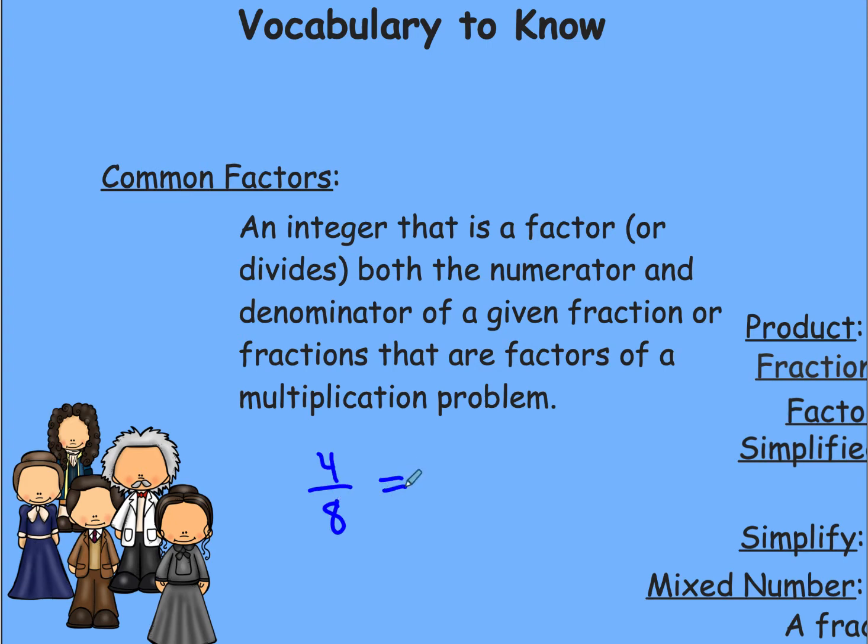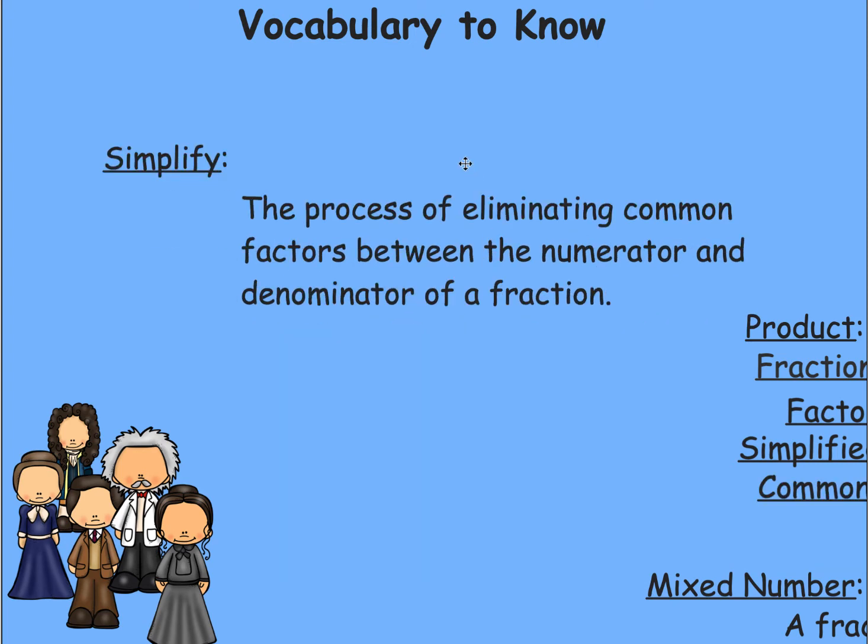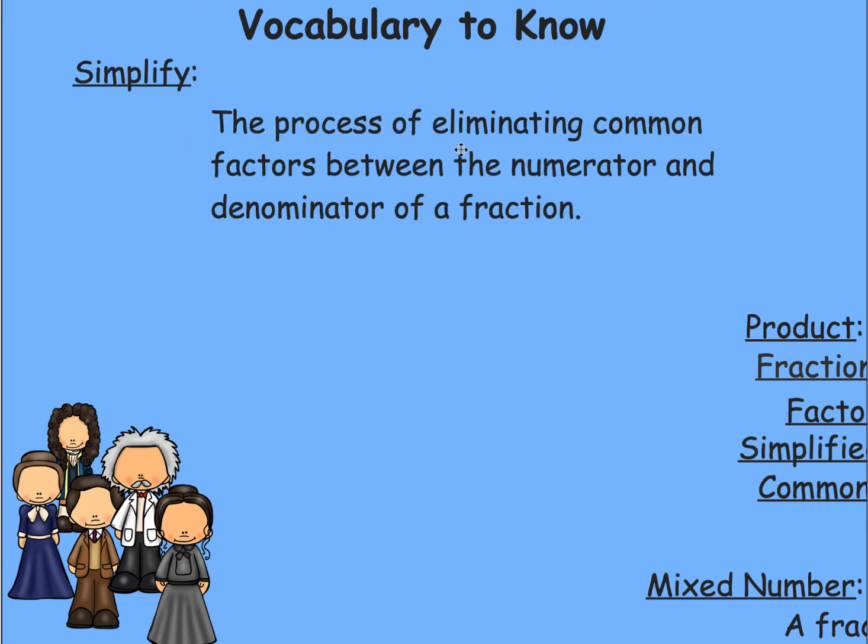If I wanted to get rid of the common factors, I would think about, well, if they're both divisible by 4, that's the greatest common factor specifically, I can divide them both by 4. I would get 1, and 8 divided by 4 is 2. And now the only thing that divides 1 and 2 is 1. So when we're asked to simplify, what we mean is the process of eliminating the common factors between the numerator and denominator of a fraction.